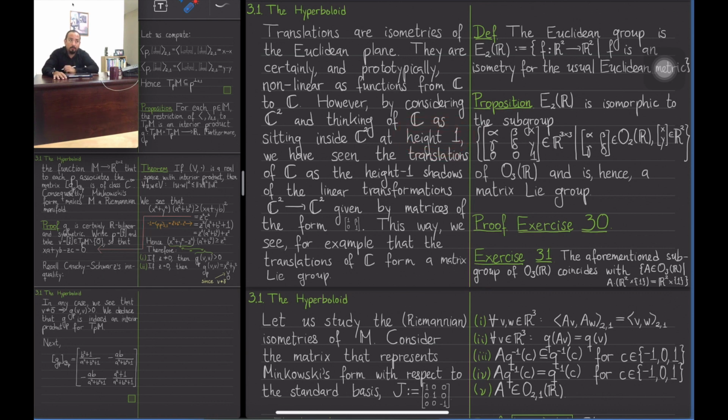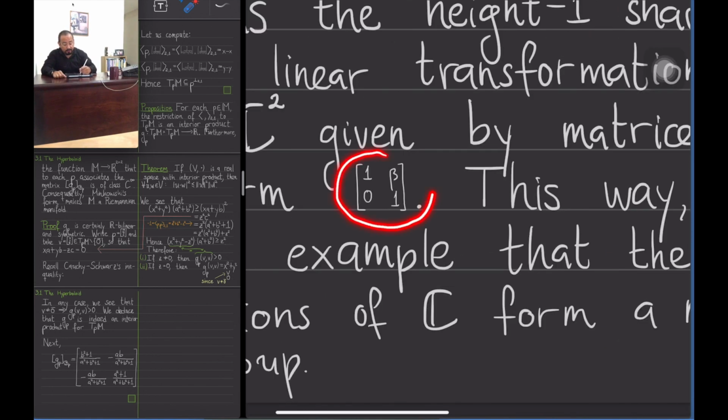So when we introduced the complex projective line, that's when we did this. Then we saw that translations of C are somehow like height one shadows of certain linear maps, right? Namely, maps from C squared to C squared, so of a space of higher dimension, given by these ones.